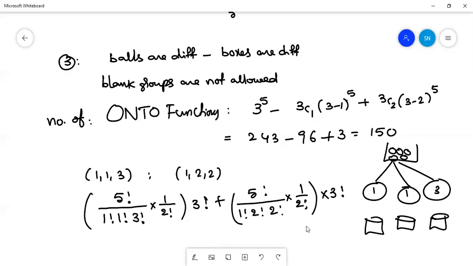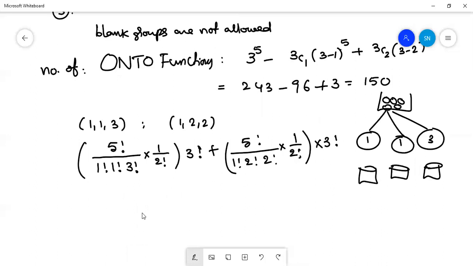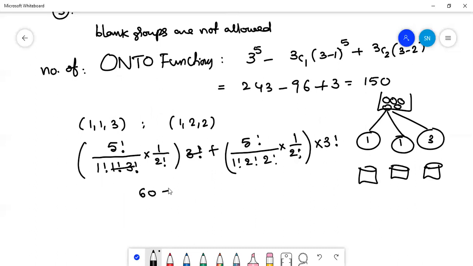If you simplify this, 5 factorial, 3 factorial got cancelled here, 120, so 60 by 2 plus 2, 3. 2 factorial goes into 3 factorial exactly 3 times. Here 5 factorial is 120. So finally 30, 30 threes are 90. So this is 150, 150. This is the general way. This is direct application.